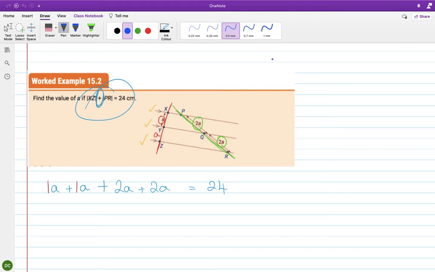So we have 1, 2, 3, 4, 5, 6 A's there. So 6A is 24. I want to isolate the A, so I need to divide by 6 to cancel. Divide by 6 for balance. So that means A must be 4. And we do have units, centimeters.